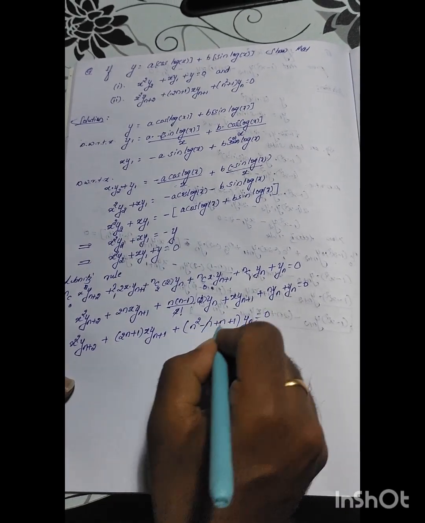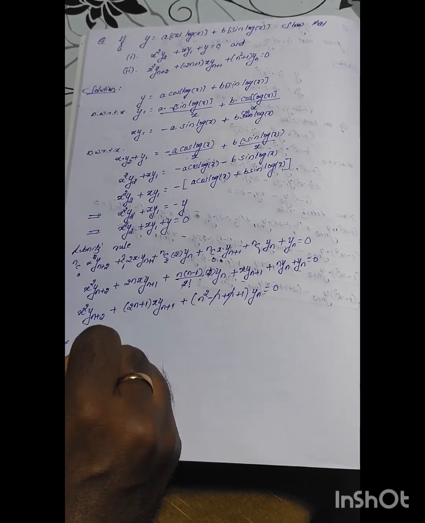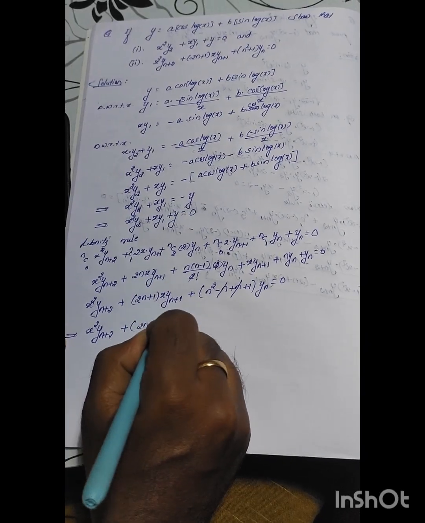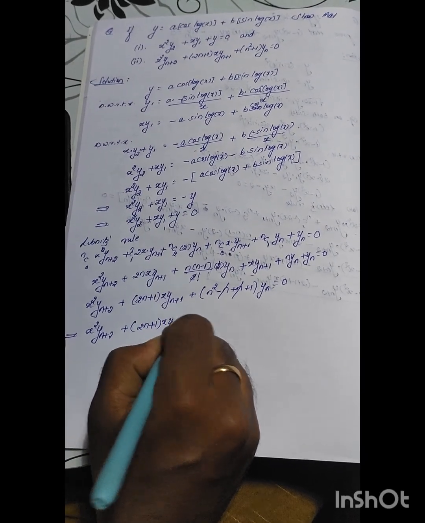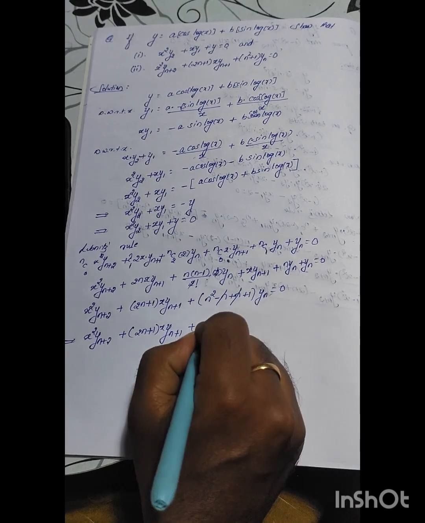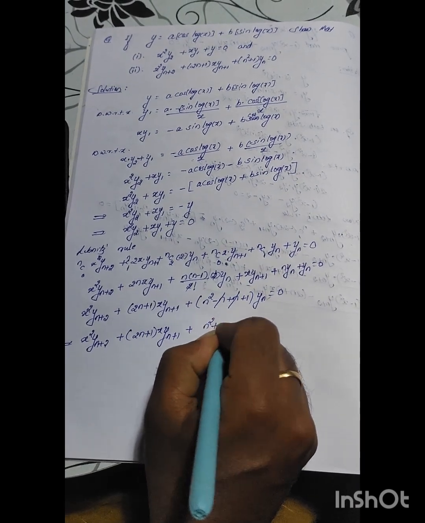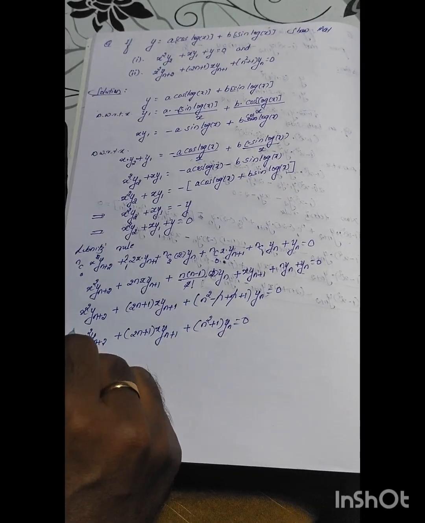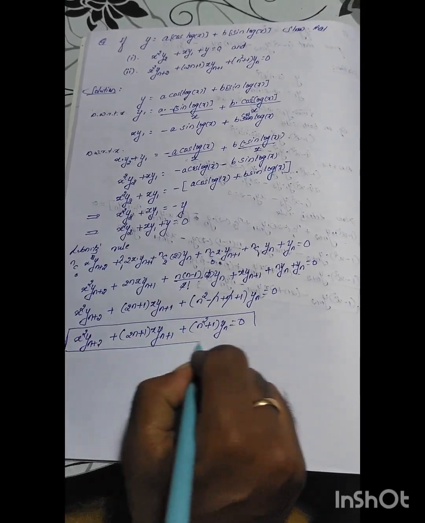So this minus n and plus n can be cancelled. This implies x square yn plus 2 plus 2n plus 1 into x of yn plus 1 plus, whatever is remaining, n square plus 1 into yn will be equal to 0, which is the required thing to be proved.